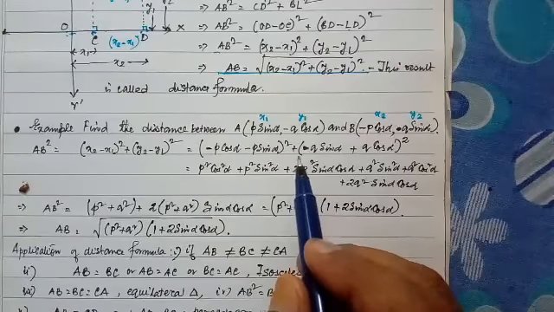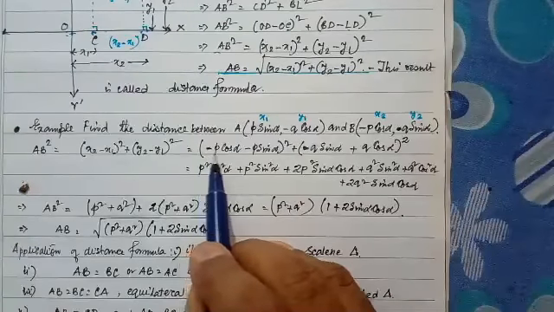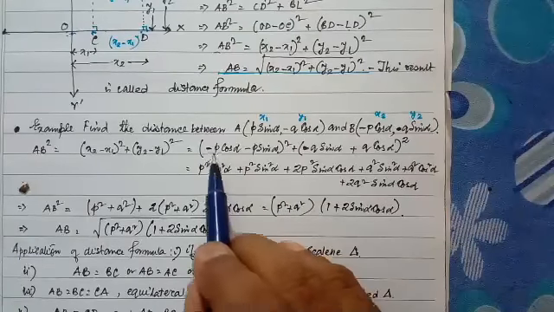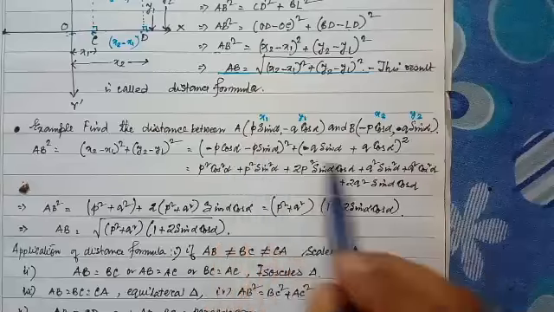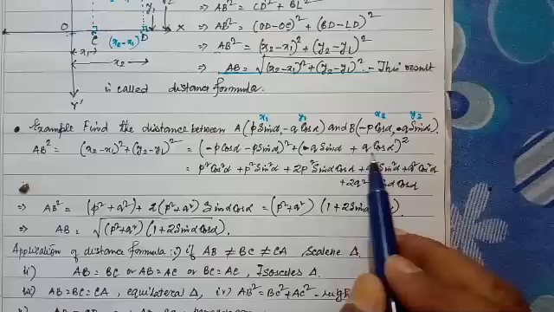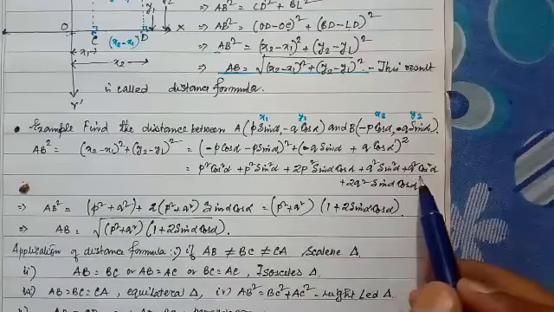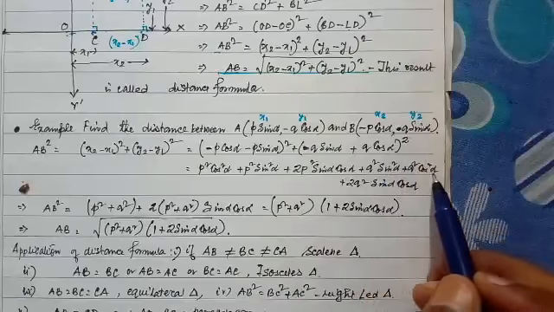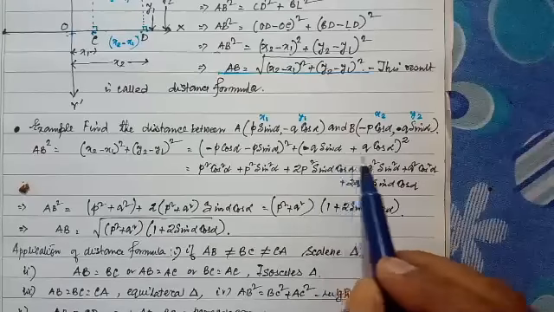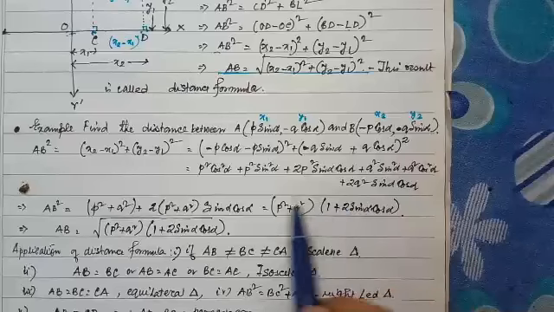Okay, then minus 2ab, so minus 2 into minus P cos alpha into P sin alpha, so plus 2P square sin alpha cos alpha plus, this is (a plus b) whole square, so a square Q square sin square alpha plus b square Q square cos square alpha plus 2ab, so 2 Q sin alpha into Q cos alpha, that is 2 Q square sin alpha cos alpha.